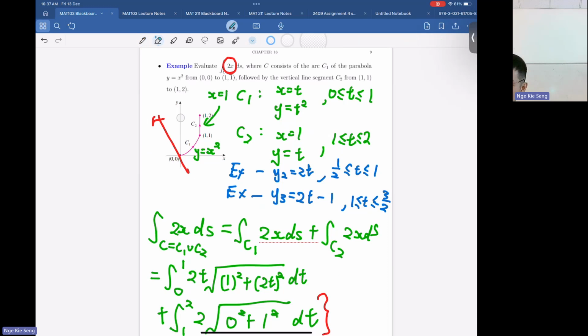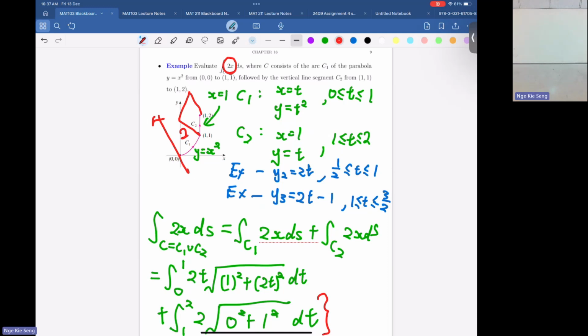If all these points have the same height, height of what? Height of 2. Means what? What's the area you're computing here? You have a straight line, and every height for this line is the same.